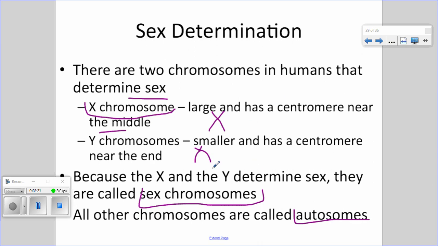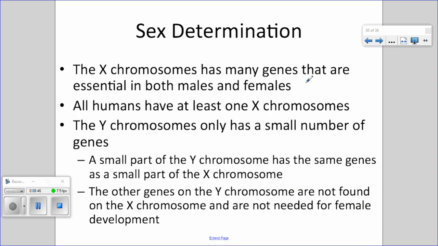The combination of chromosomes that you get determines the biological gender of the individual. If you end up with two X chromosomes, you are female. If you have an X and a Y chromosome, you are male. The X chromosome has many genes that are essential in both males and females.